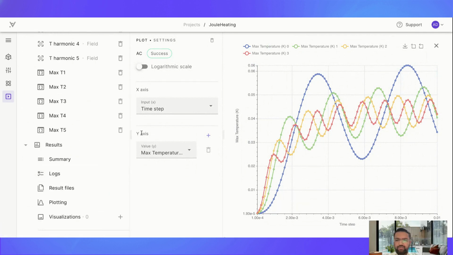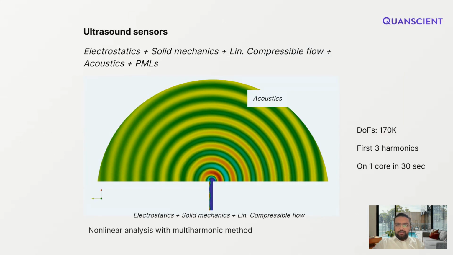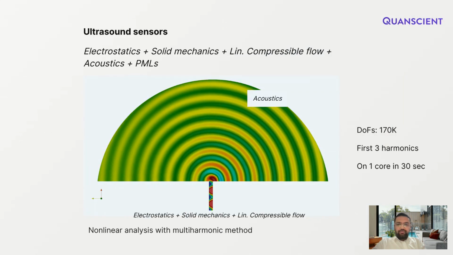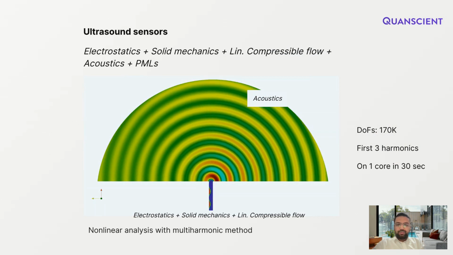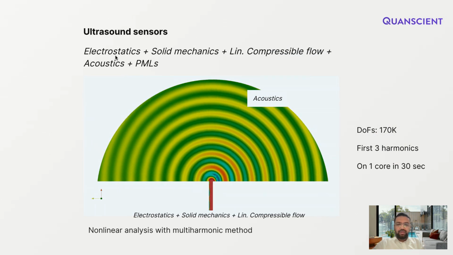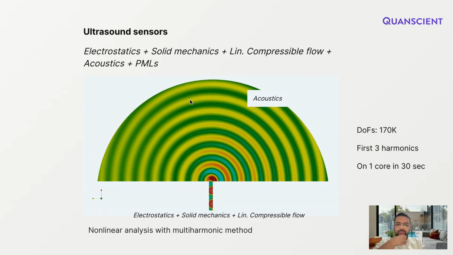And with this, I think the demo is done. I showed 3 types of analysis in this demo for the Joule heating. We have another example where you can benefit from sweeps and a large amount of simulations. Here, the ultrasound sensors, we have quite a list of physics used in this case.